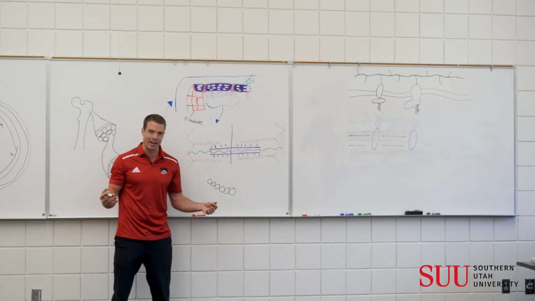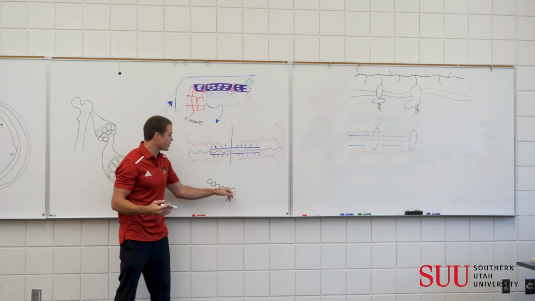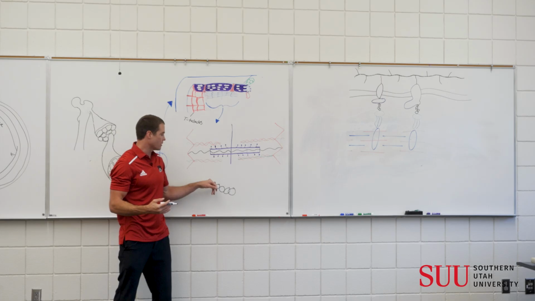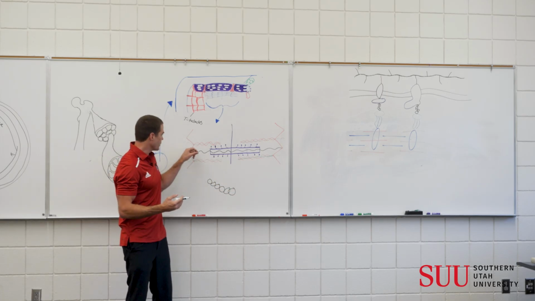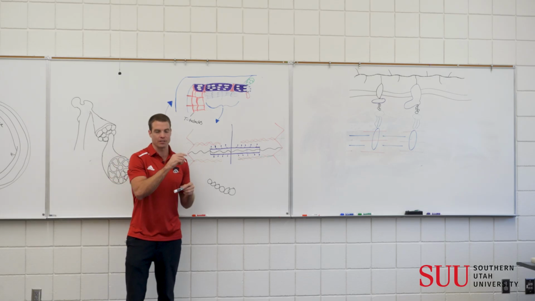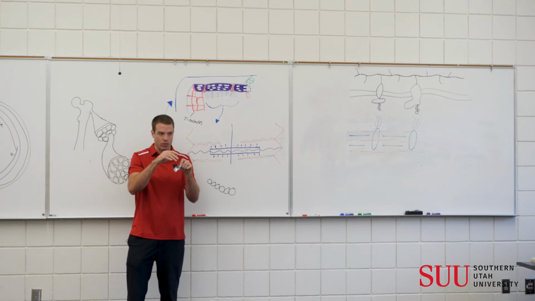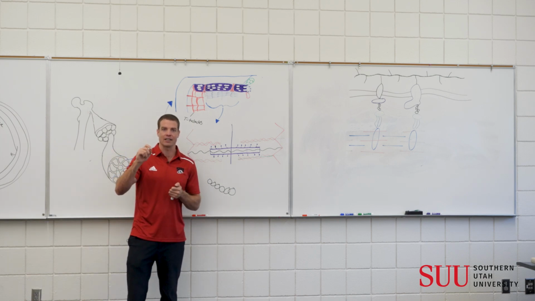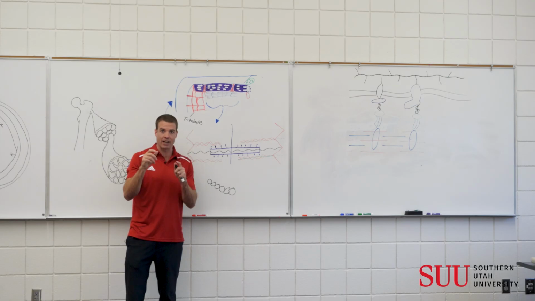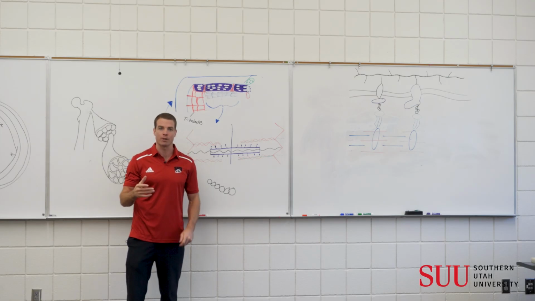So we call it F-actin. It's going to be about 300 G-actins in order to make a filament. And then you have two of these actin filaments that are spiraled together to make that thin filament.